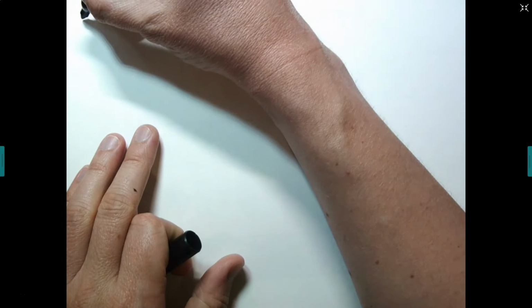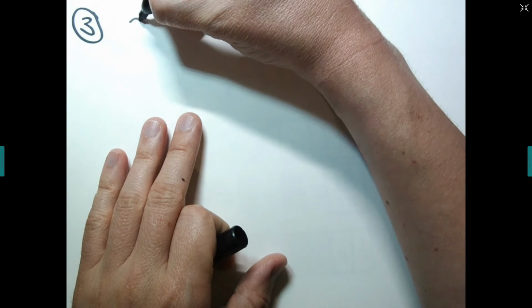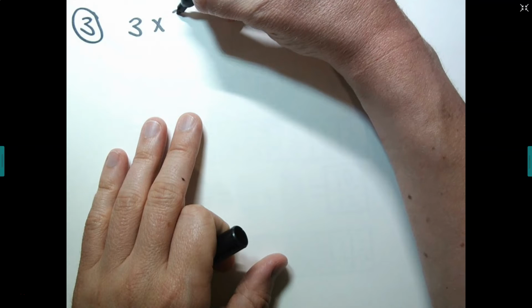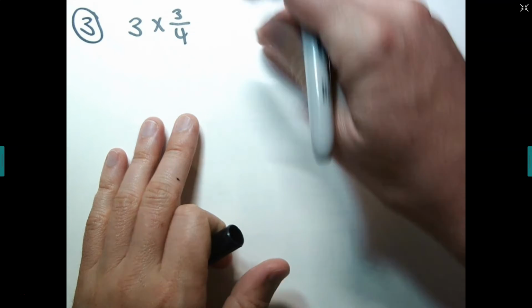Here is example number 3. It's very important that you copy these because if you do, you'll be much better off than if you don't. Example 3 is 3 times 3/4. Let's say you have 3 people.